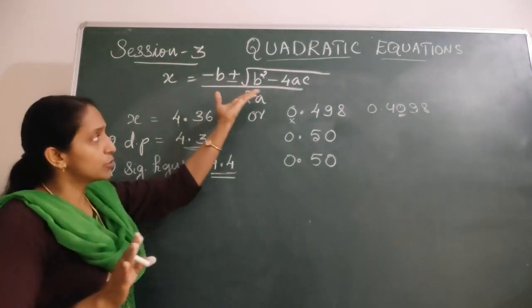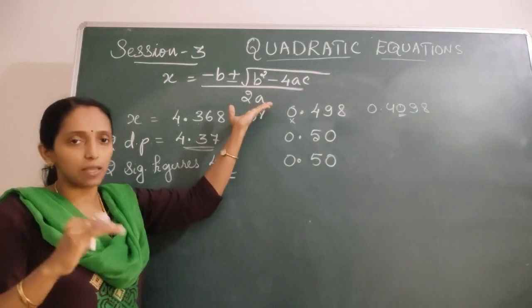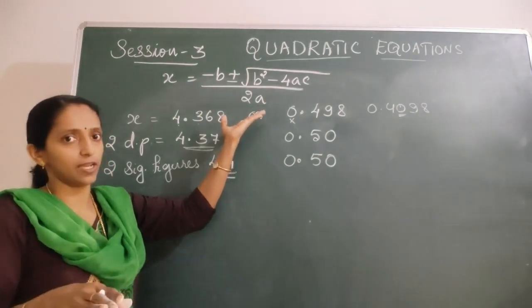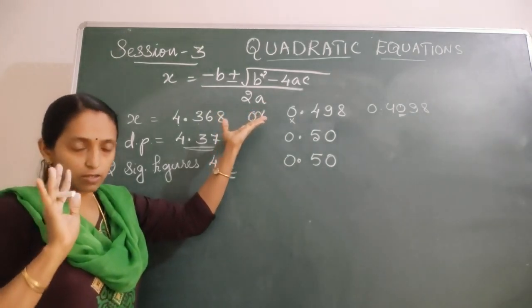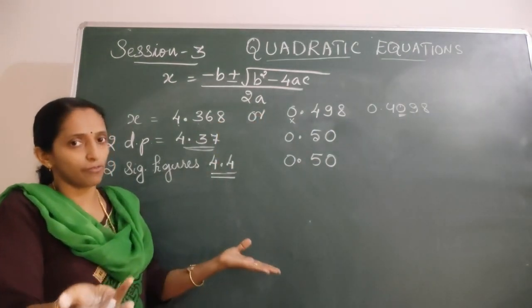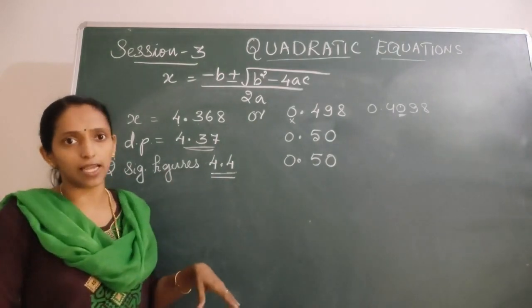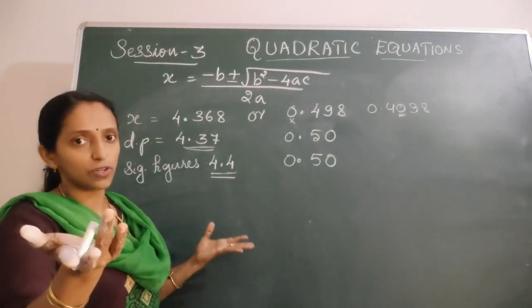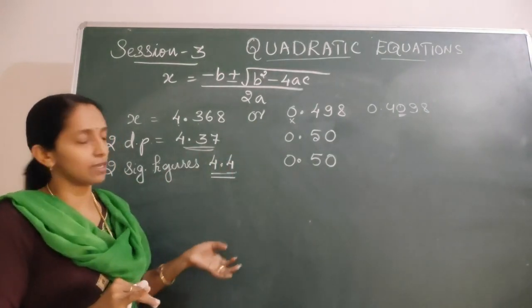Then what to do? You have to substitute the A, B, C values in the formula. You will get a square root to find. If it is a perfect square, like 49 or 121, of course you can write it directly.